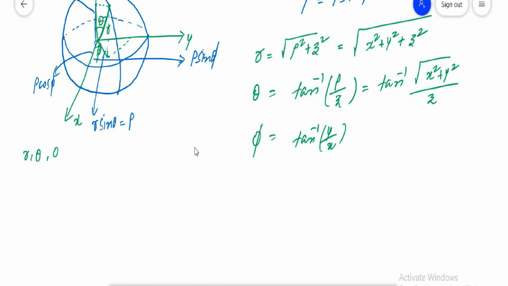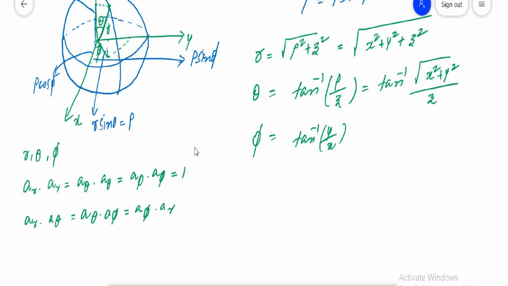Then if you take the dot product, ar dot ar, that is the unit vector along r, ar dot ar equals a theta dot a theta equals a phi dot a phi, which is equal to 1. Similarly, ar dot a theta, a theta dot a phi, a phi dot ar are equal to 0, because they are perpendicular to each other.